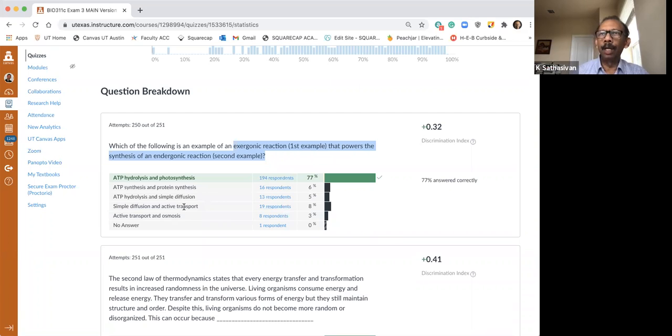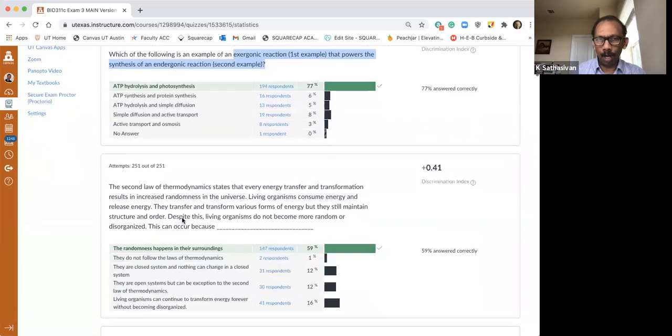In this case, you had to think about what type of active transport is possible. And simple diffusion, again, without going through a protein, is going through the membrane from point A to point B, so that also won't work. Active transport is endergonic. This is exergonic, so that's incorrect.